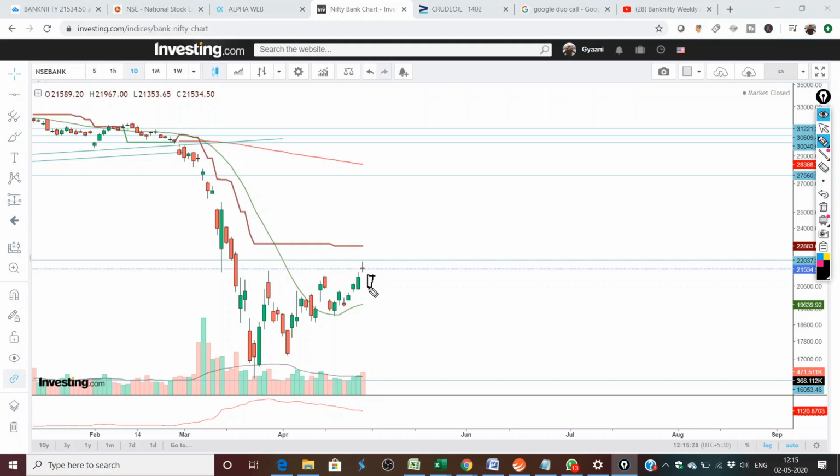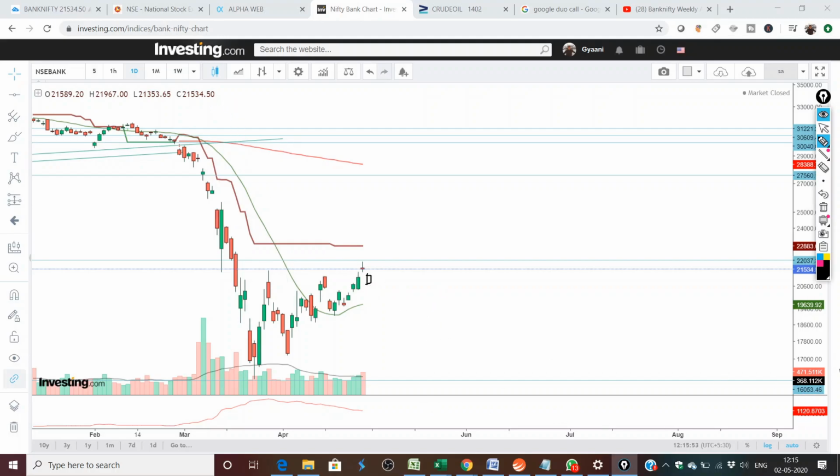Either it can open gap down or it can form like this, because there is a resistance here, and also I don't see any major news coming up, like the lockdown being extended. So we can expect the market to be in this range. Either it can fall, open gap down and be here, and form a narrow range candle like this.